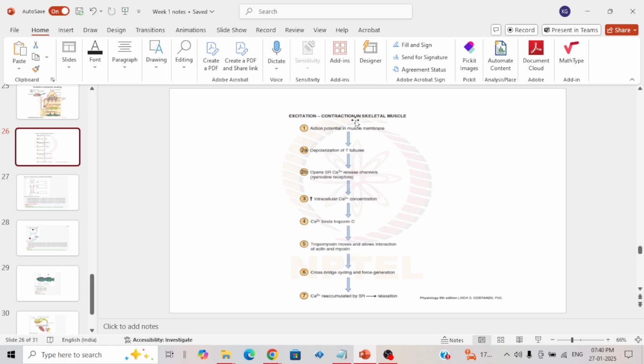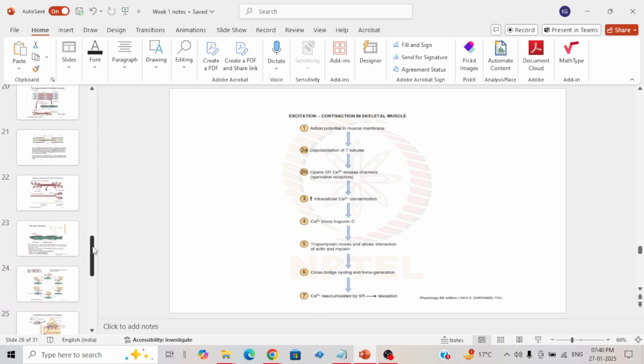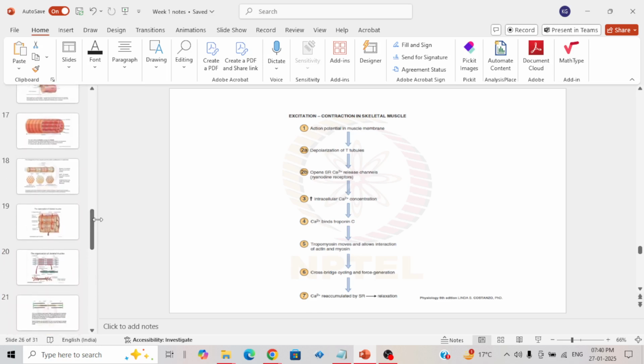When they bind to troponin, troponin will cause the tropomyosin to shift from its position in a way that the myosin binding site will be exposed, and then the myosin will bind through its head, which has an actin binding site, to this actin, and then the contraction will happen. So this all works in a very regulated, step by step manner. It is not like anything can happen anytime.